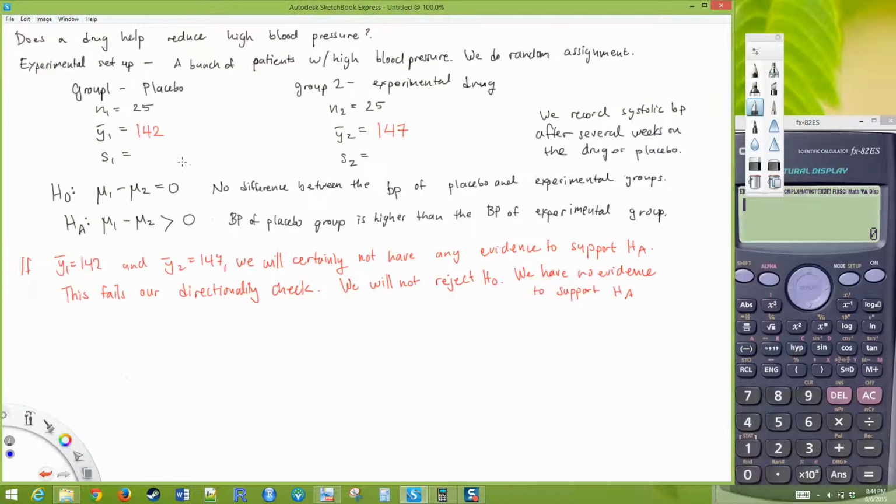Okay, but let's say this wasn't the case. So I'm going to cross these out, and let's say this was 147, and this one ends up being 135, and I don't know what this is, 25, and this is 30. Who knows?